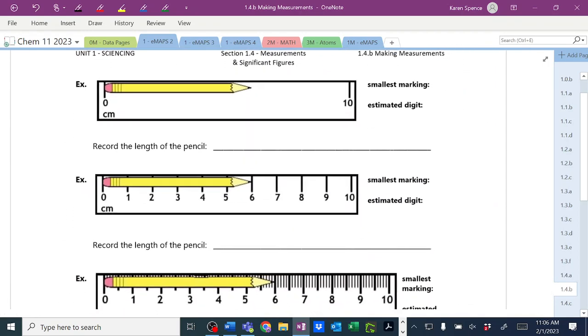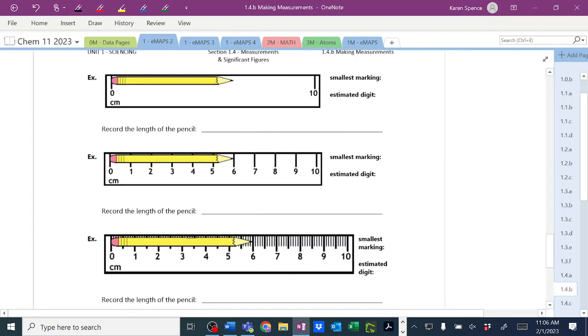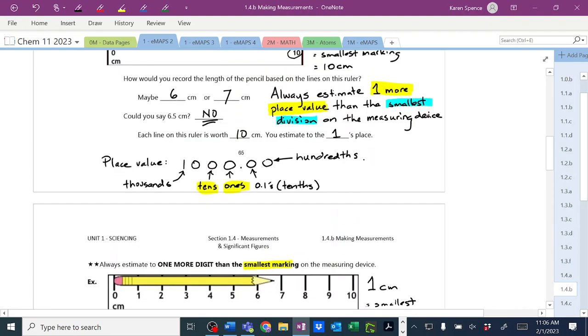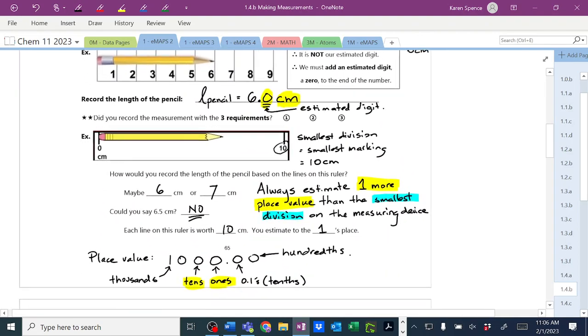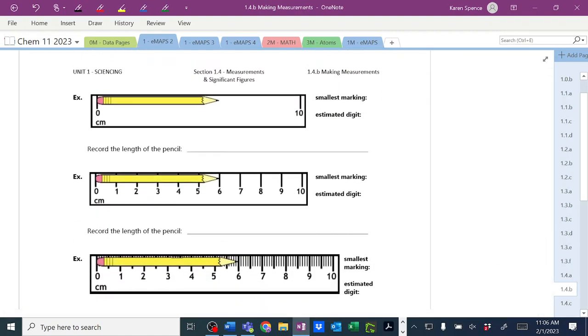All right, I would like you to try recording the values for the length of the pencil for these, making sure you include all three things that you need in each measurement. And if you've forgotten what all three things are, you can go back to page 65. Okay, and once you've done that, compare with your partner. You can also fill in the smallest marking and the estimated digits.